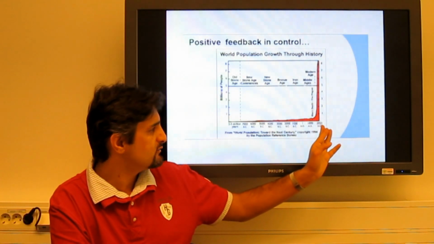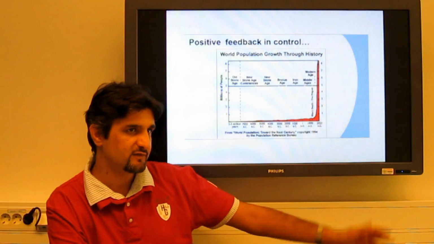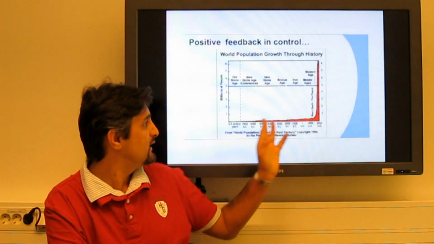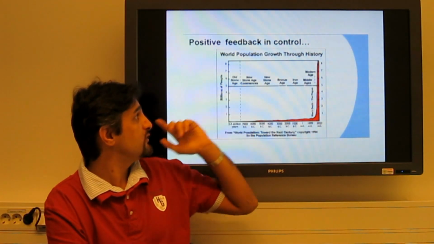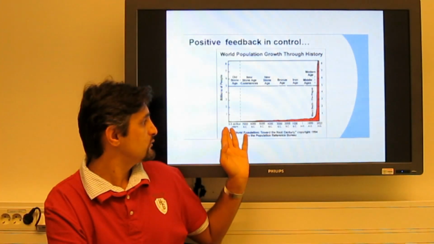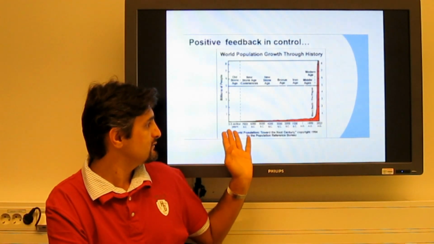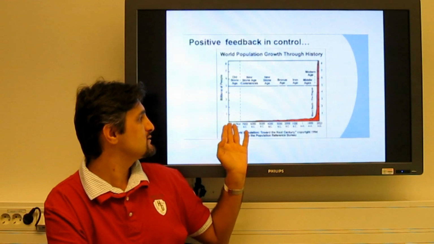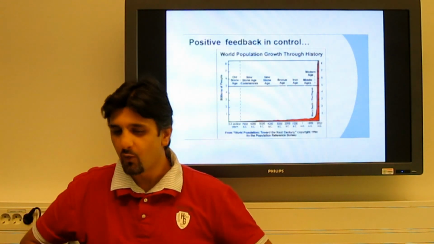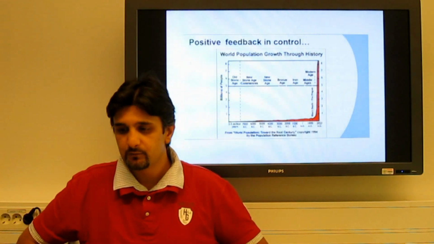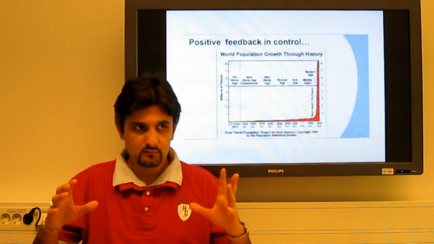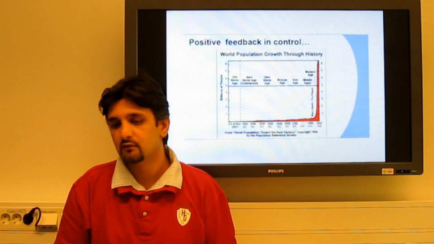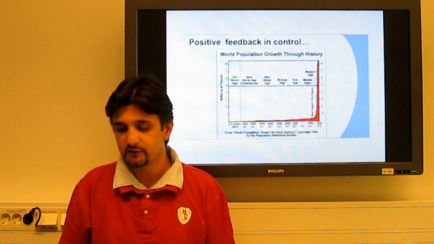This is 2025, like 14 years from now. And this is the number of the population. So 2 million years BC, something like that, the population was 0.1 billion people. So this is the graph for the world population growth.